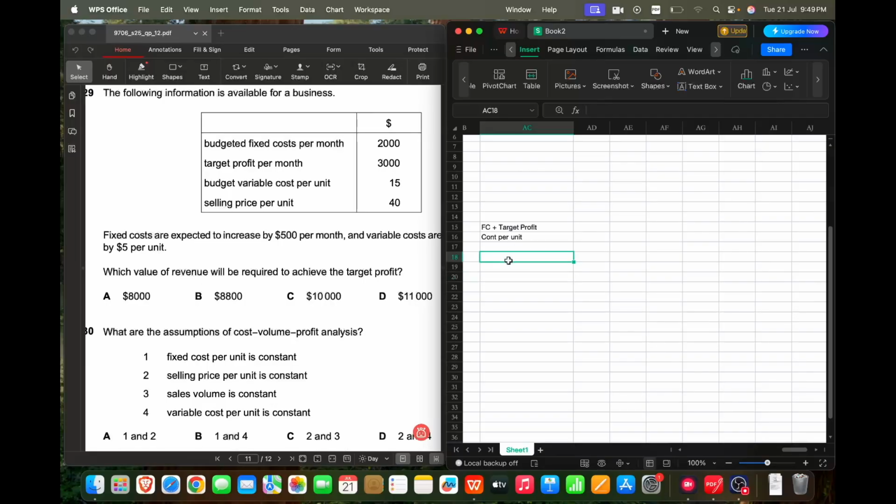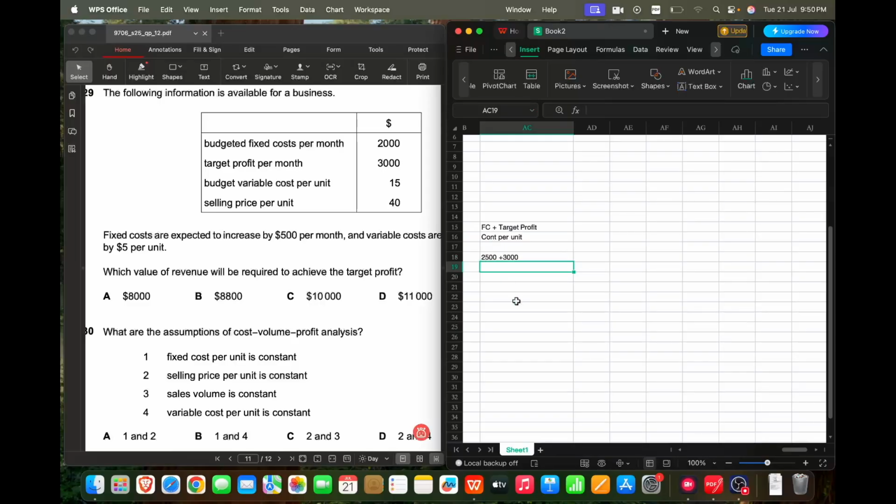Okay. Now, in this question, fixed cost is given 2000. In this question, fixed cost is 2000, but it's expected to increase by 500. So let's look at the new figure of fixed cost, which is 2500, plus target profit is 3000, and let's divide that with the contribution per unit.